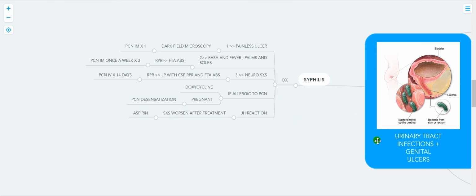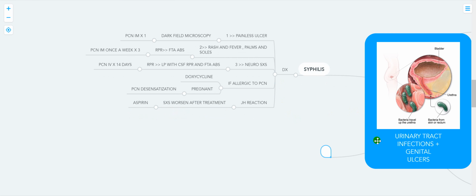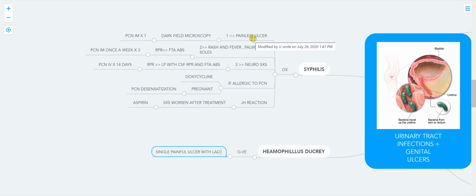How about Haemophilus ducreyi? How do you treat that? Ducreyi is "do cry," so it's a gram negative that makes you cry. Single painful ulcer with lymphadenopathy, while syphilis is a single painless ulcer with lymphadenopathy.